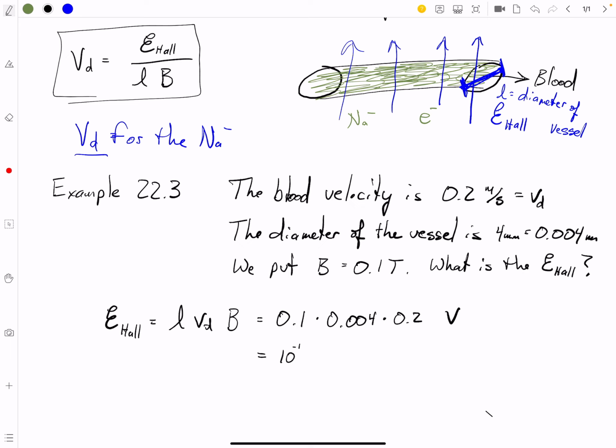This is 10 to the minus 1. 4 times 2 is 8. This would be 10 to the minus 3. 1, 2, 3. And this one is 10 to the minus 1. And it's all still volts. So we've got 8 times 10 to the minus 5 volts. That's our Hall EMF.